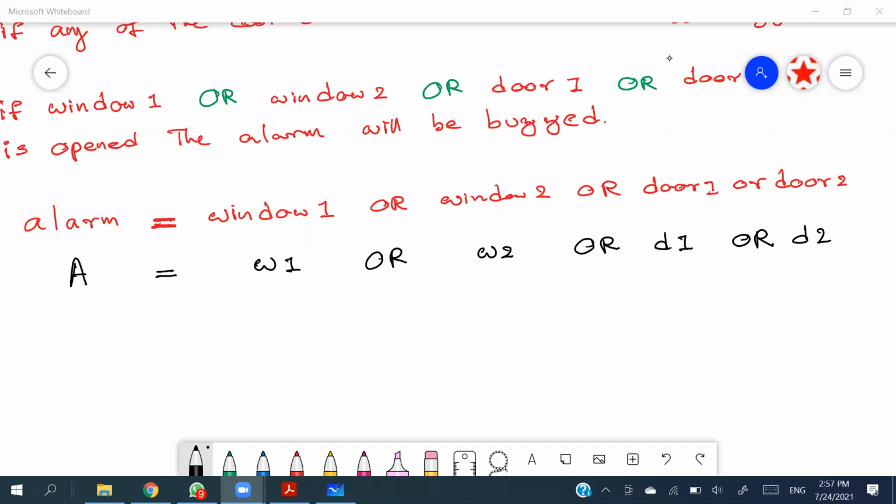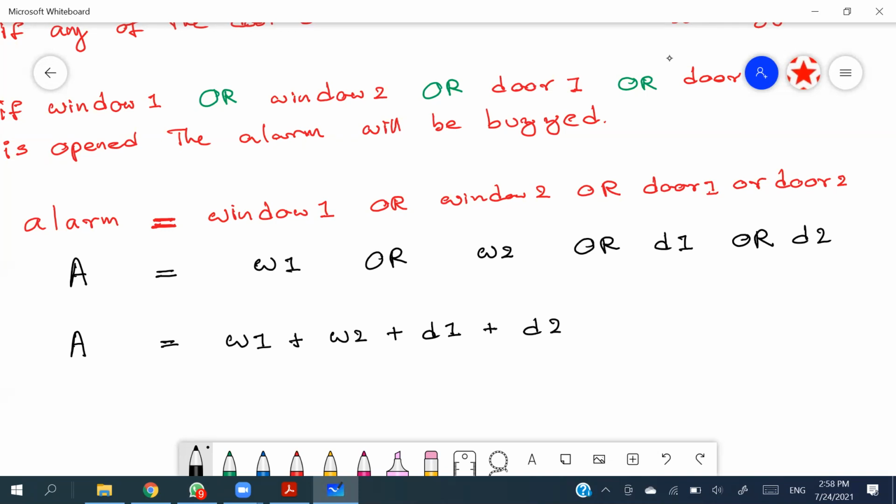So the final answer is going to be what? A equals W1 plus W2 plus D1 plus D2.